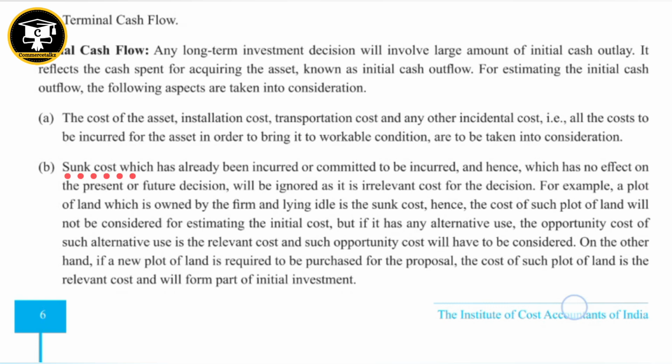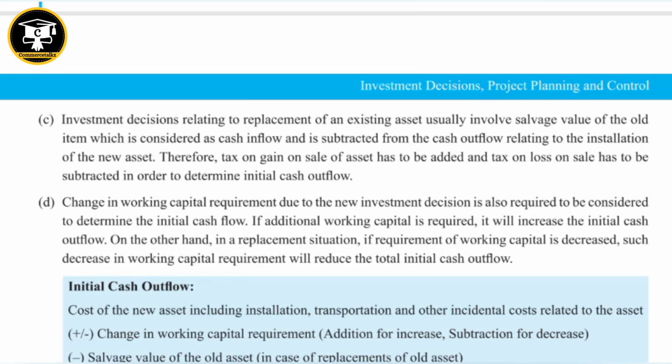Then sunk cost. Sunk cost simply means already incurred cost. So we just ignore it in the case of initial cost. Sunk cost will always be ignored. And one more thing is tax on gain on sale of an asset. It will be added and tax on loss on sale has to be subtracted from the initial cash flow.